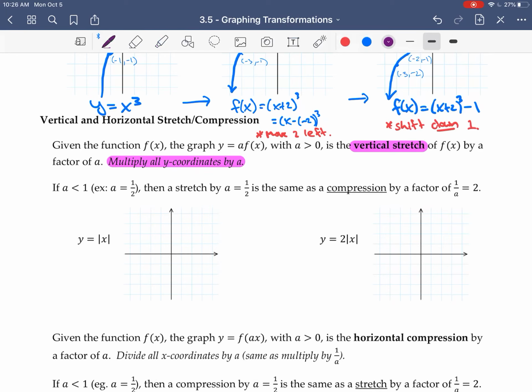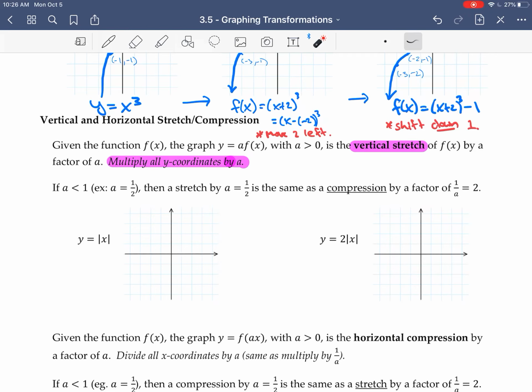Notice that the a is multiplying the f of x, so that's the y value. You take your y value and multiply it by a.